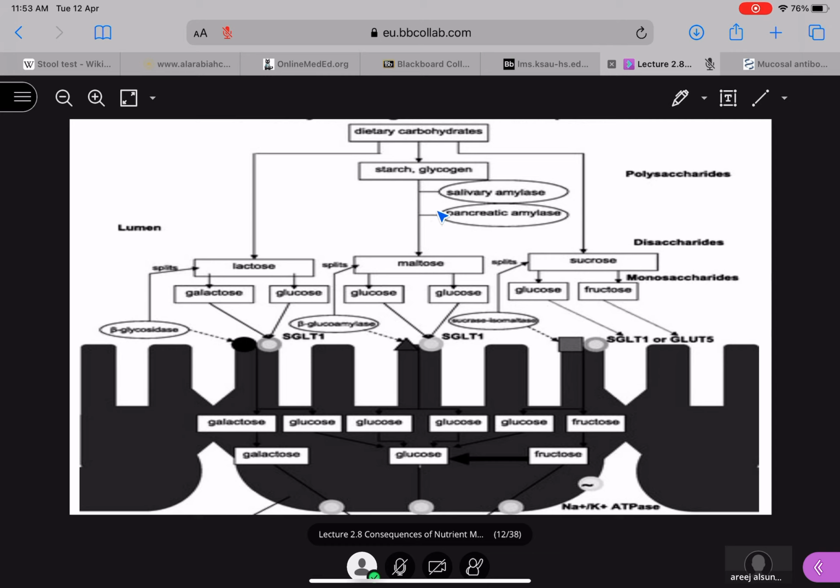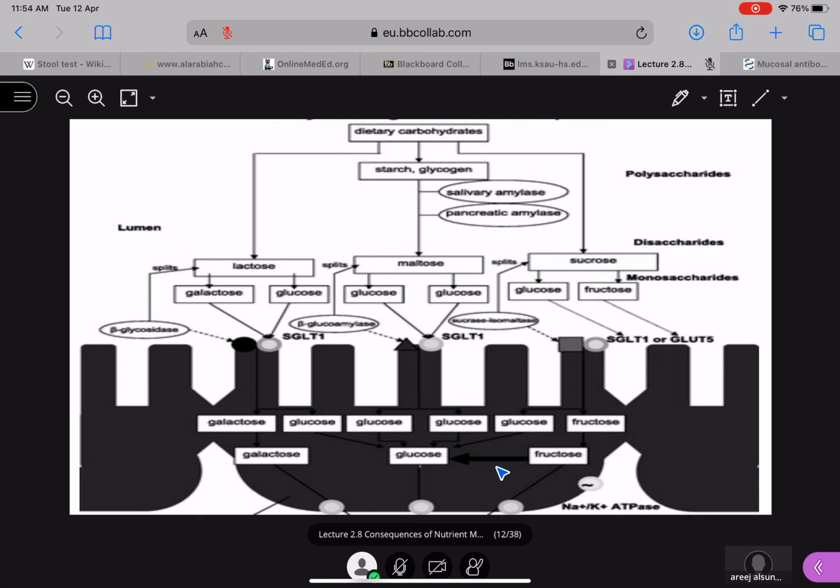But then by the action of pancreatic enzyme, which will be secreted in the duodenum, this starch will be converted to maltose, pectin, and other smaller sugars. And again, by the effect of brush border enzyme, this will be broken down further to glucose, galactose, and fructose, which will be absorbed in the enterocyte.